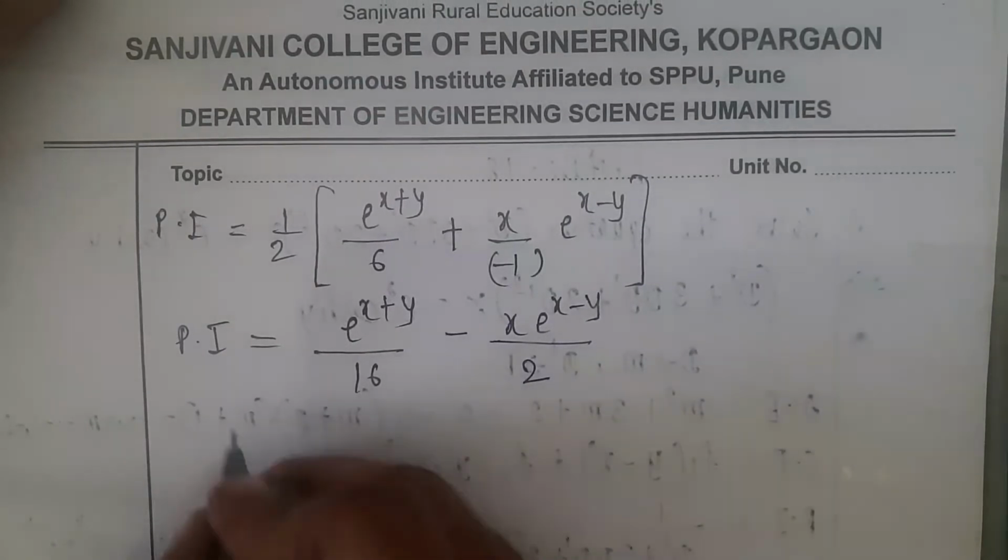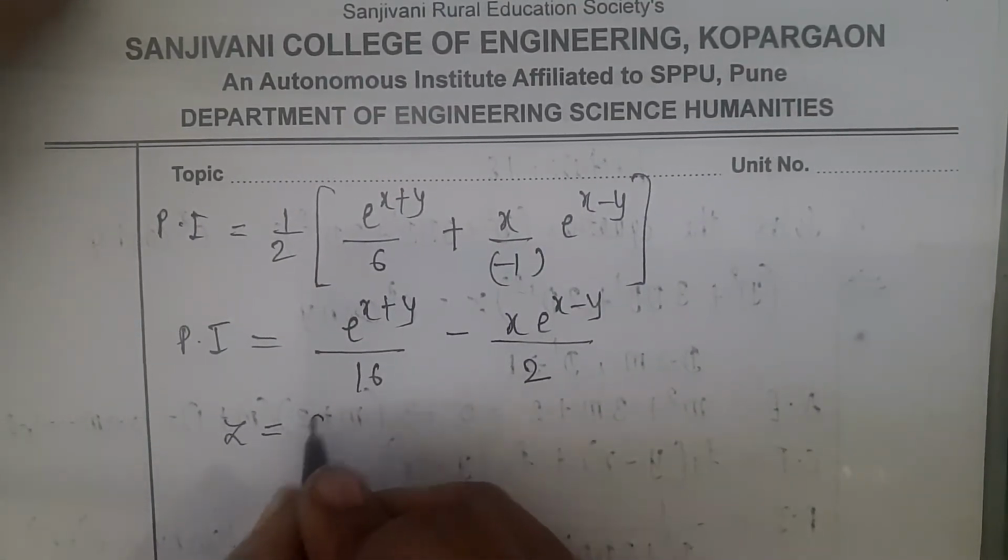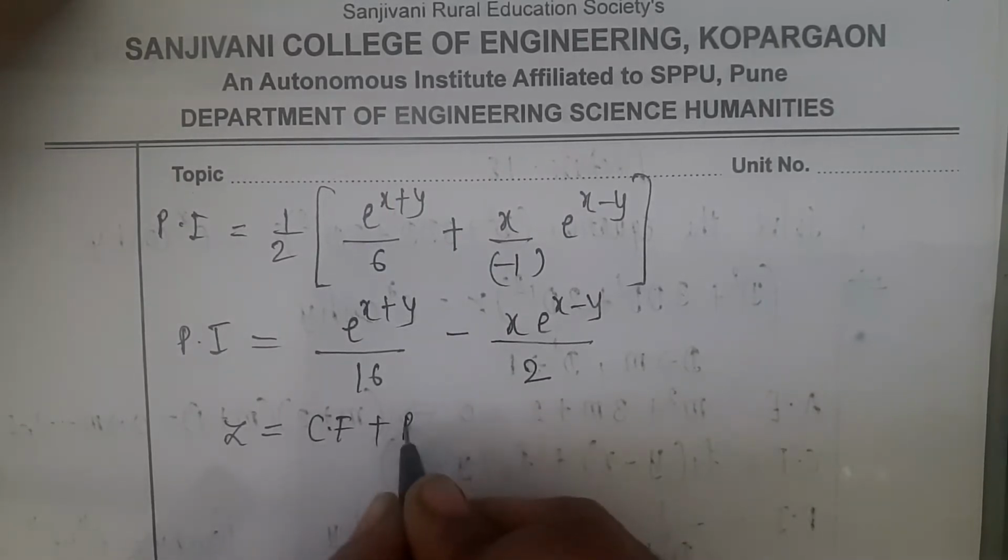Now how to write the complete solution? Complete solution is z, and z is equal to CF plus PI.